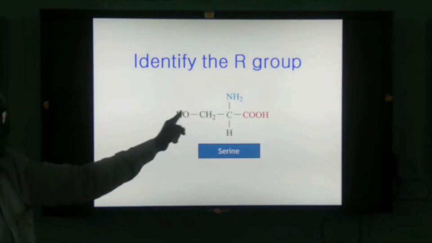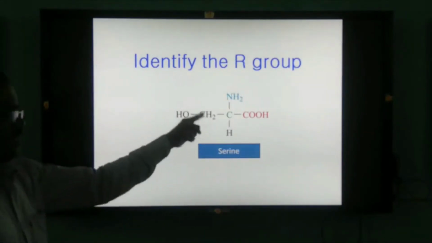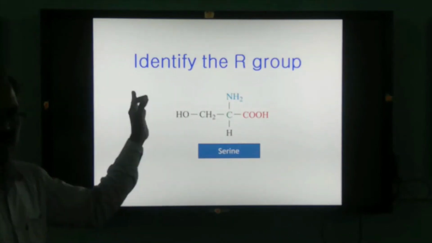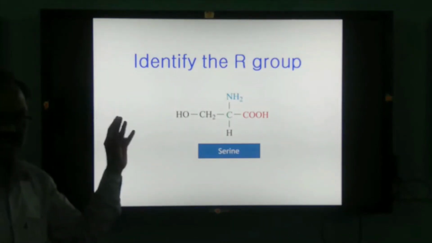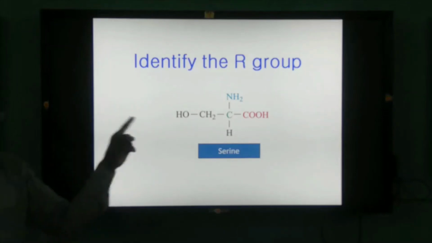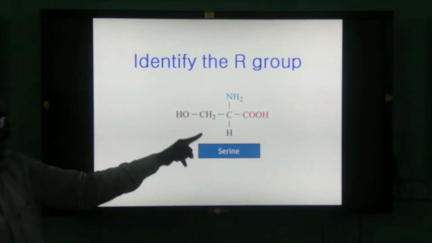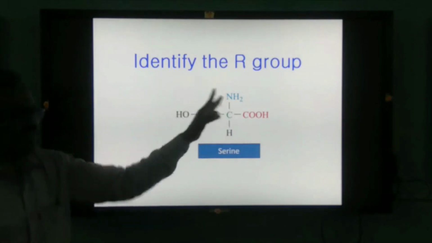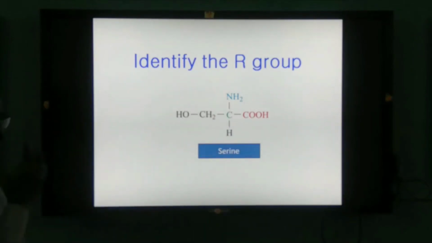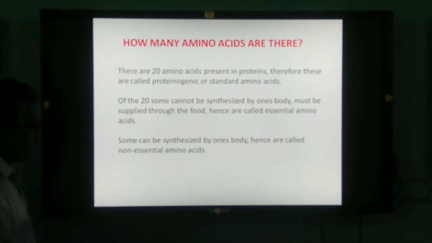CH2OH. In glycine, R is H. In alanine, R is CH3. In serine, R is CH2OH. The other three groups are the same. So like that, we have different basic amino acids, 20 basic amino acids.